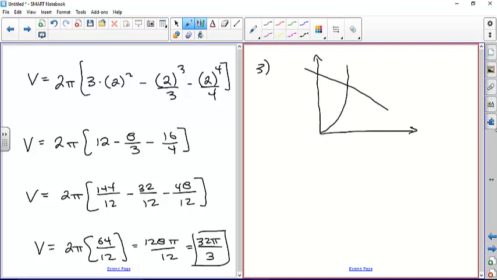Okay, so the only difference here is instead of rotating around the y-axis, you're going to rotate around a vertical line of x equals 8. And so the radius now, with the previous problem, p of x was x.